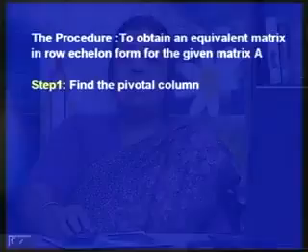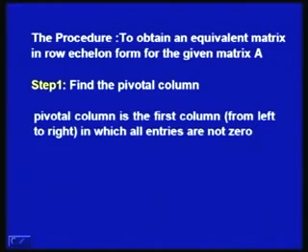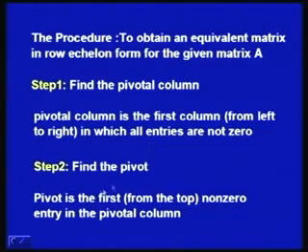Step 1 is to first find the pivotal column. That means the column in which we have a pivotal element. The pivotal column is the first column from left to right in which all entries are not 0. That is the meaning of pivotal column. So first we have to find the pivotal column in the given matrix, then find out its pivot.